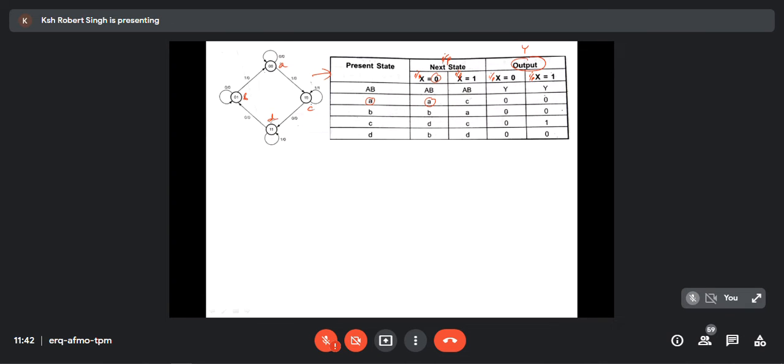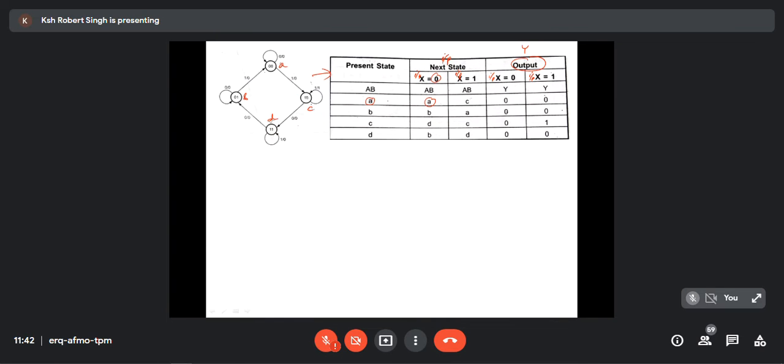So from A, it goes to A itself. You take up anything, you have to do it slowly, okay? And if I want to start from here also, no problem. It goes from A to C when input is 1.